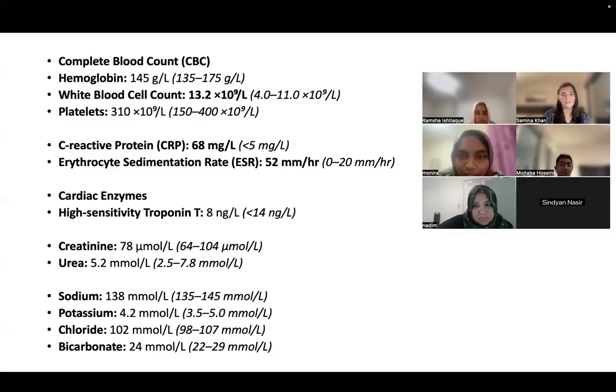So ESR is high, CRP is high, and hemoglobin is normal.